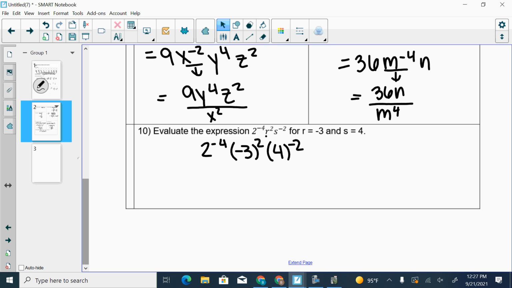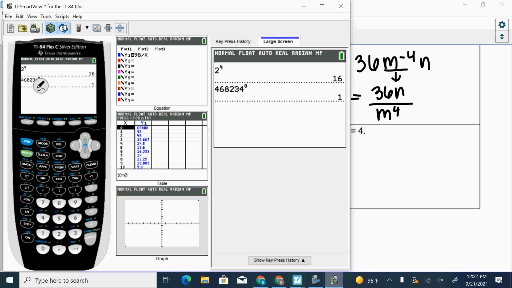No. So I could type this in my calculator exactly as it's written, right? So I'd have 2 to the negative 4 times negative 3 squared. Oops. My little pencil's in the way, you can't see. So 2 to the negative 4 times negative 3 squared times 4 to the negative 2.